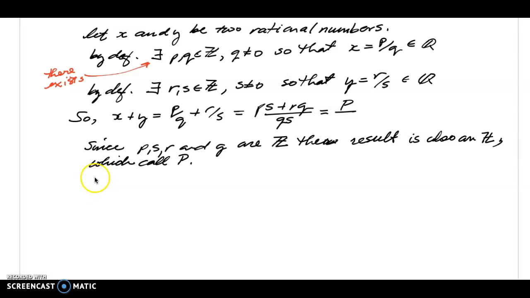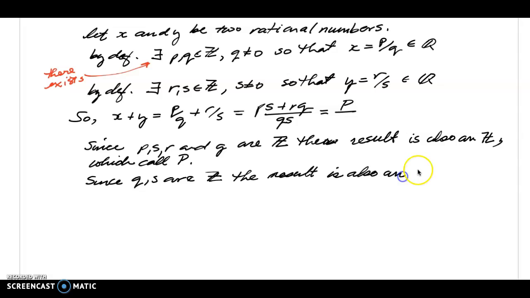And we say the same thing: since q and s are integers, the result is also an integer, which we call q.